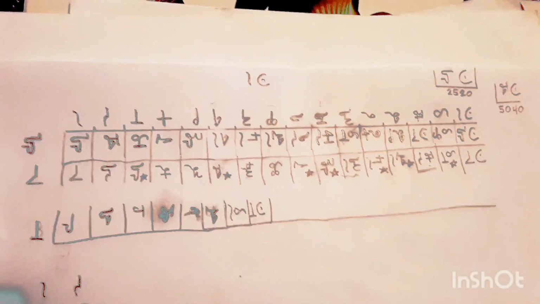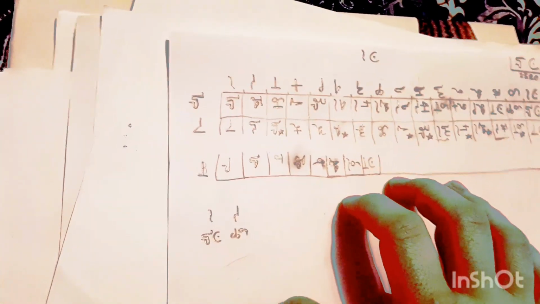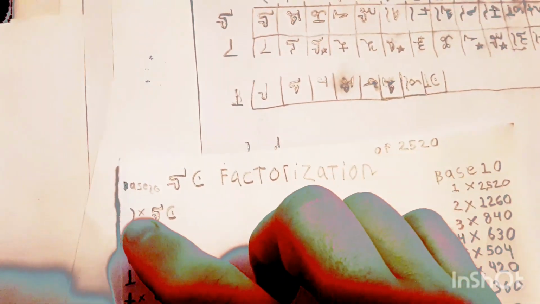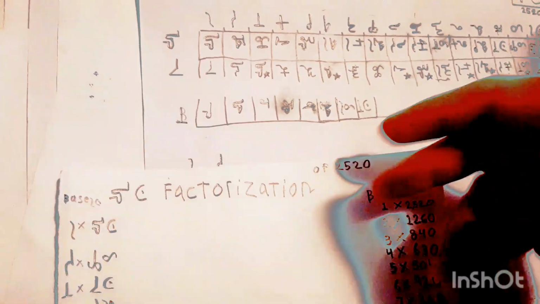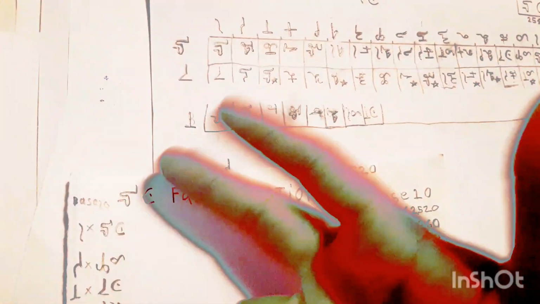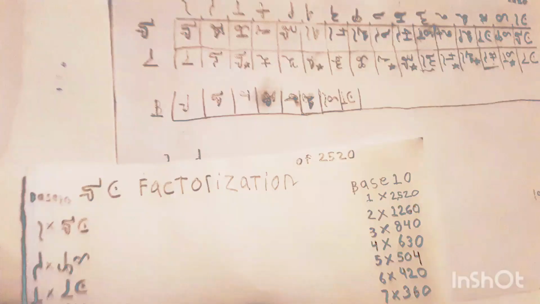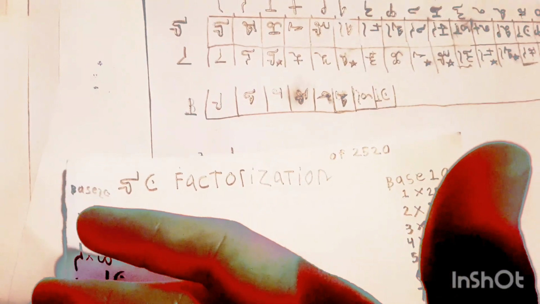Now the reason why you do that is so that you can do this factorization. Let me give you an example. You might have 1, and you want to divide 2,520 by it.